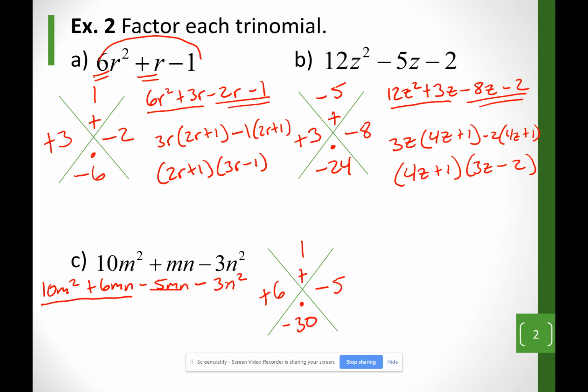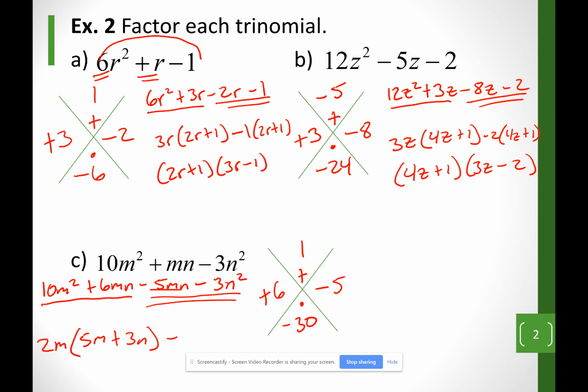Looking at the first two terms, 10 and 6, I can divide both by 2. And I can also factor an m out. Divide both of these by 2m. And I'm going to have 5m plus 3n. Looking at my last two terms, I can factor a negative sign out.